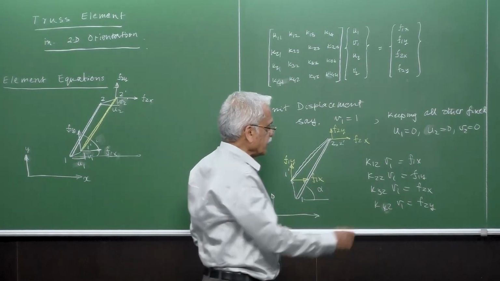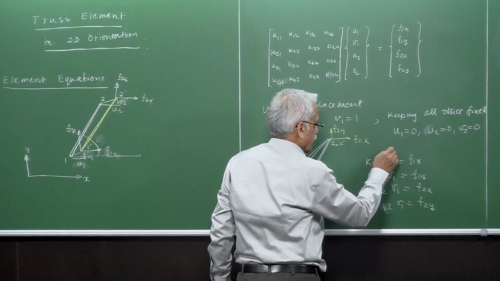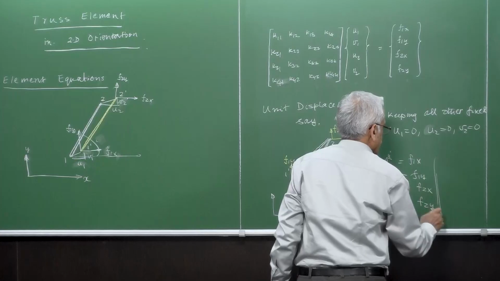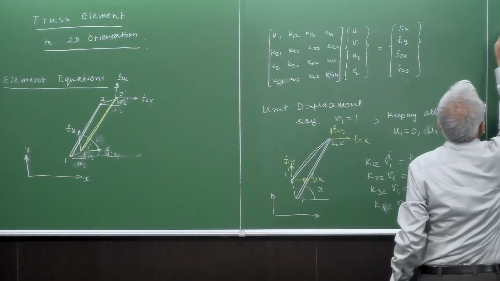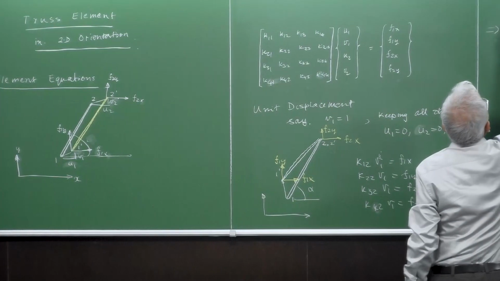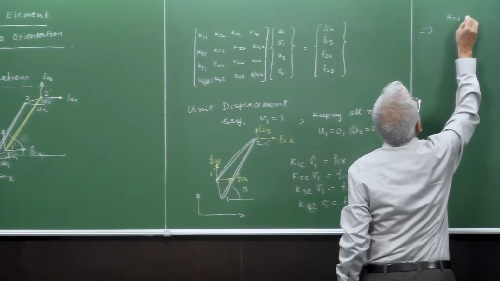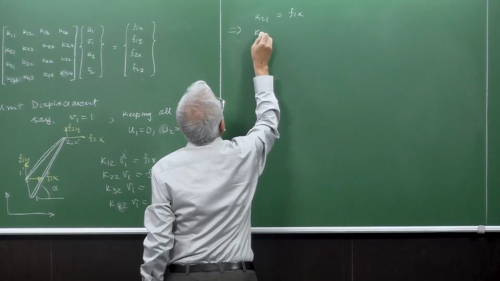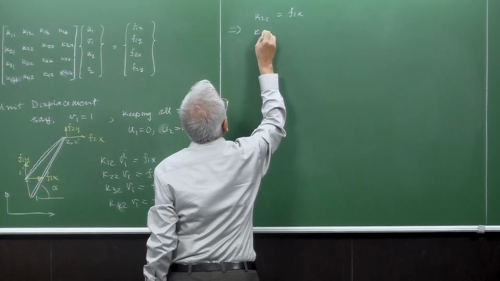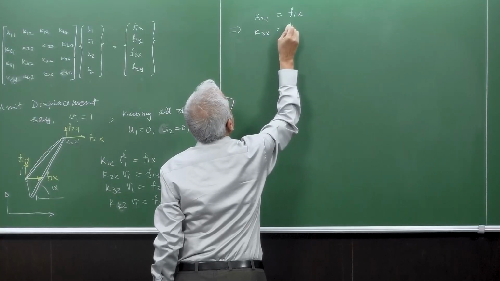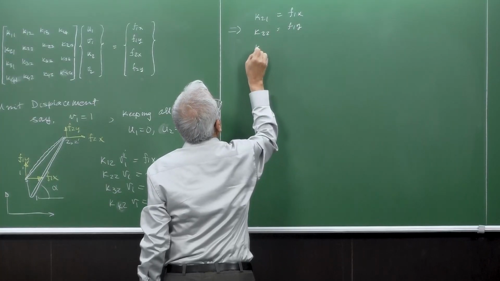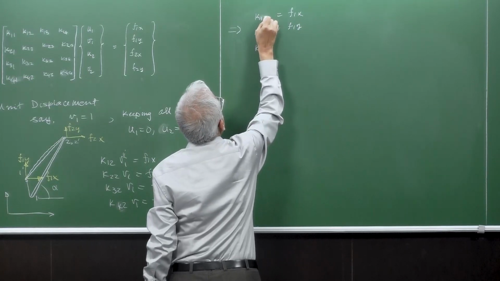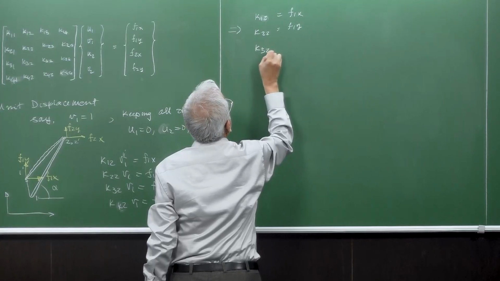If v1 is equal to 1, then k12 will be simply f1x, k22 will be simply f1y, and k32 will be f2x. So this is 1, 2, this is 3, 2.